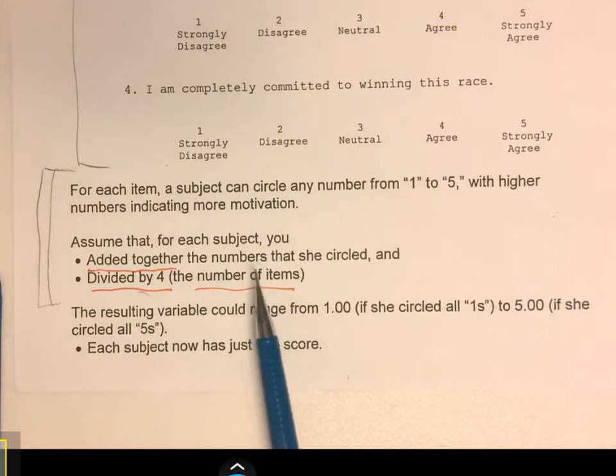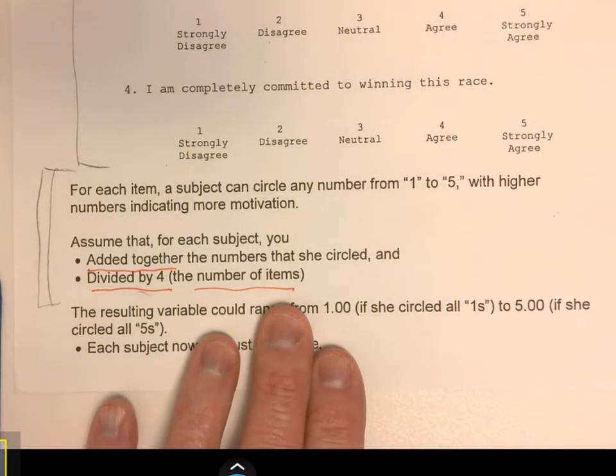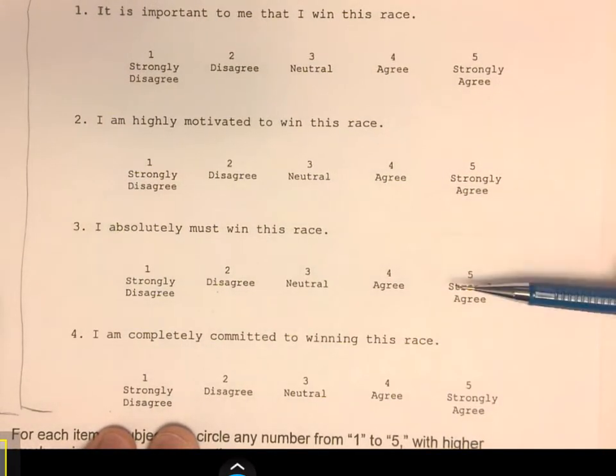Assume that for each subject you do the following. You add together the numbers that the runner had circled, and then you divide by 4, the number of items that constitute your scale. So for subject 1, what did she circle here? What did she circle here? What did she circle here?